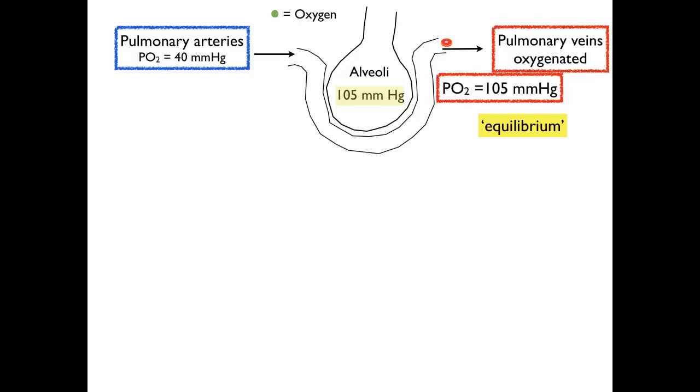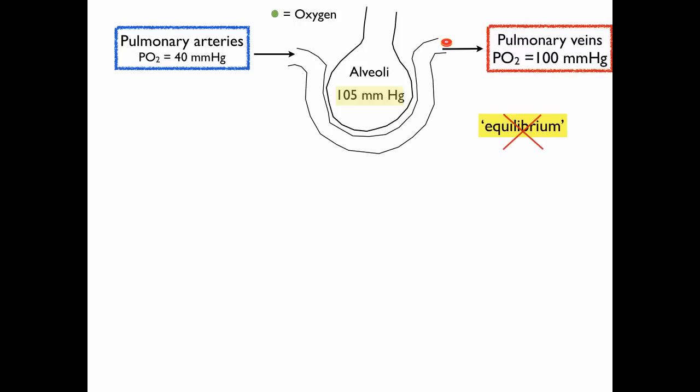Now, not all alveoli obtain a sufficient amount of blood flow to reach this equilibrium, so the overall average PO2 in the pulmonary veins leaving the lungs is about 100, because some of the blood is well oxygenated while other parts of the blood isn't.